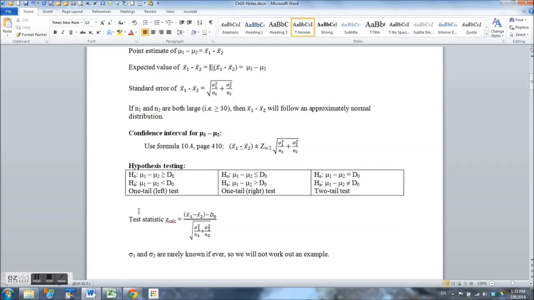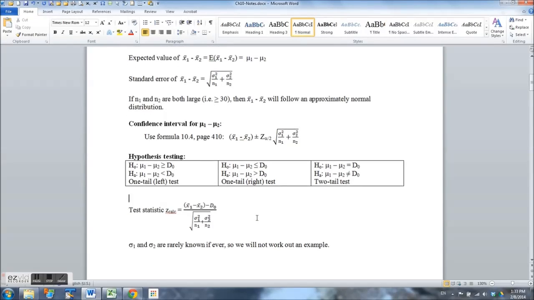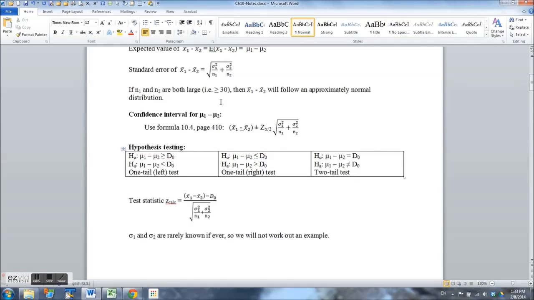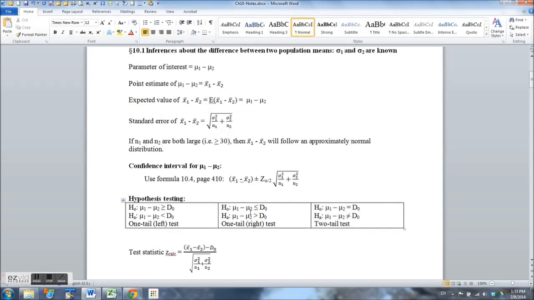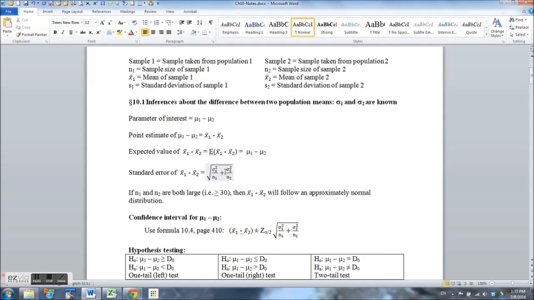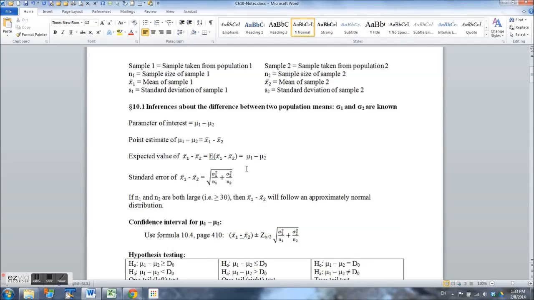We can set up the test statistic as z calc with this formula and then compute the p-value, and based on the p-value we can make a conclusion. Now of course all of this will work only if sigma sub 1 and sigma sub 2 are known, but that is rarely if ever the case.